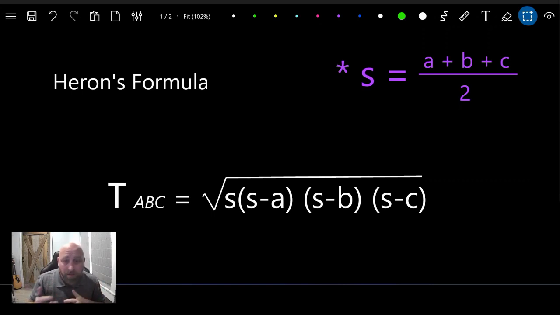Basically, the area of ABC equals the square root of S times S minus A times S minus B times S minus C. So what they want you to do here is prove it, but they don't really want you to prove it in a way because they prove it. You just kind of walk through it with them. So if you'll look through number 9, you'll see their steps as they delineate that out. We don't need to delineate that out.